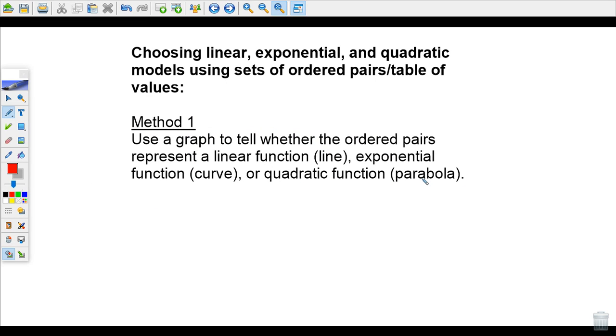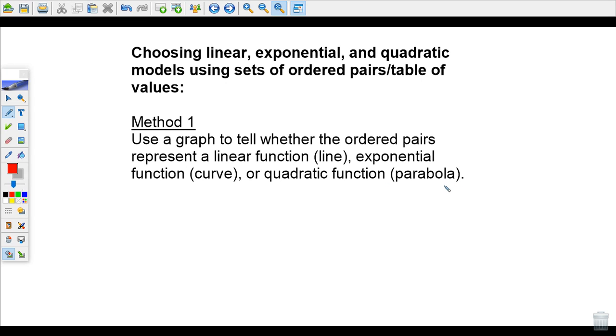So this first method, if we're trying to choose whether this table of values or set of ordered pairs represents a linear function, exponential function, or quadratic function, the first way to do it is to use a graph and tell whether they represent a linear function, which would be a line, an exponential function, which would be a curve, or a quadratic function, which would be a parabola.